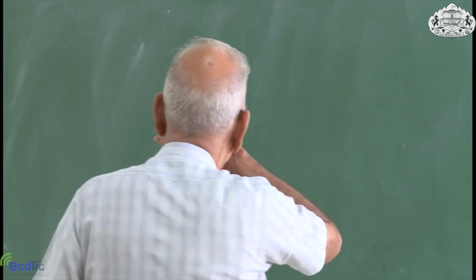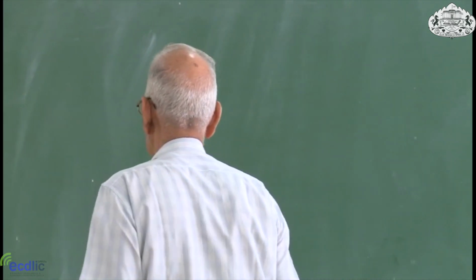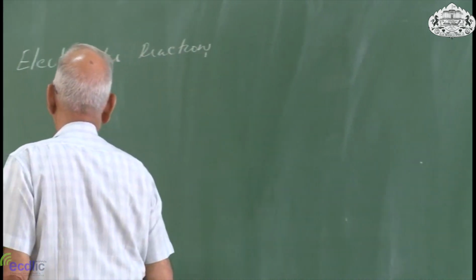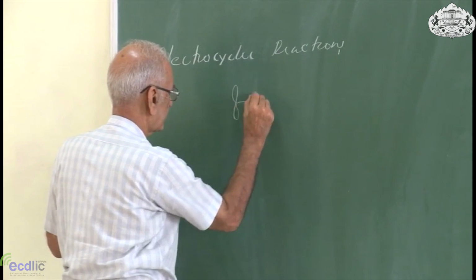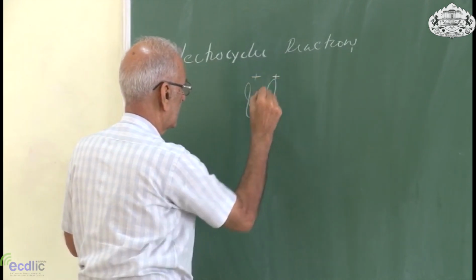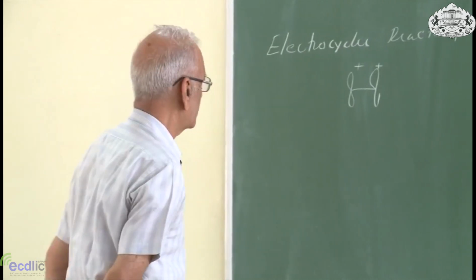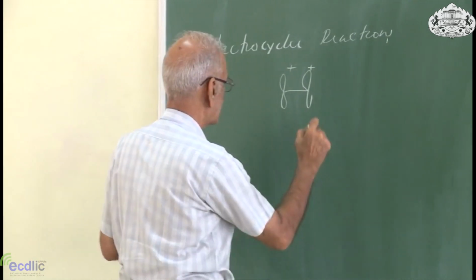Okay. Then we had started looking at orbitals. This is your ethylene orbitals pi and pi star.